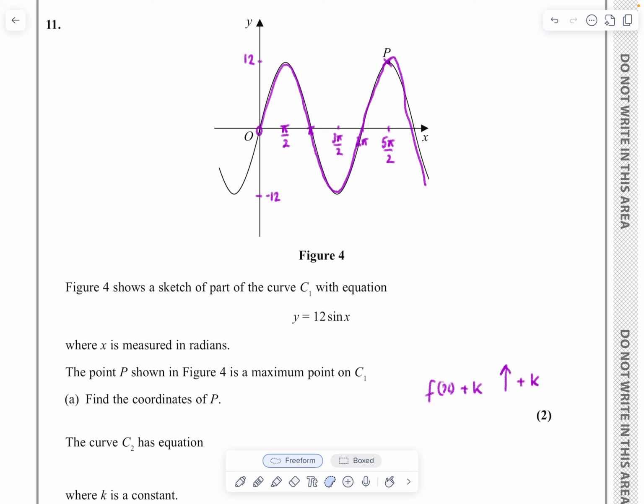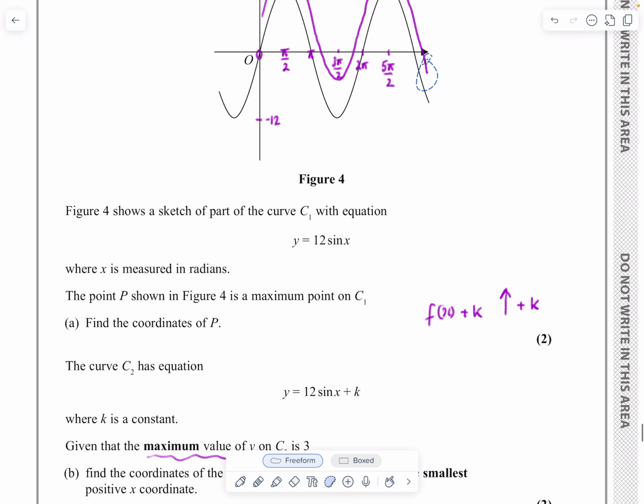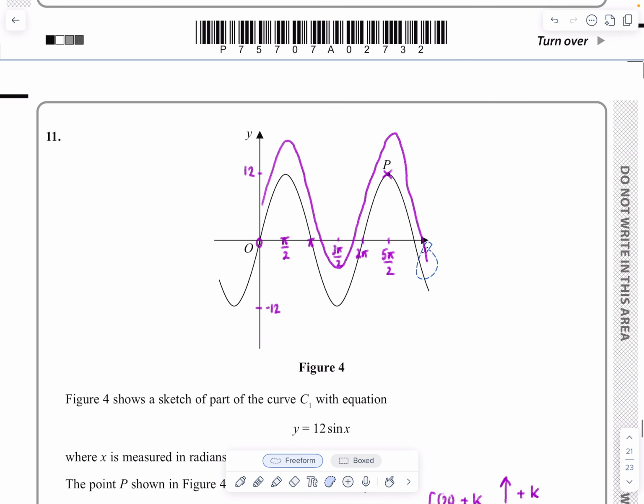I'm just going to go over this because I'm actually going to move it using the iPad. Once I move this up by k units, the new maximum value is 3. Well, if I look at that, it means that I can't be moving it up by any number of units.